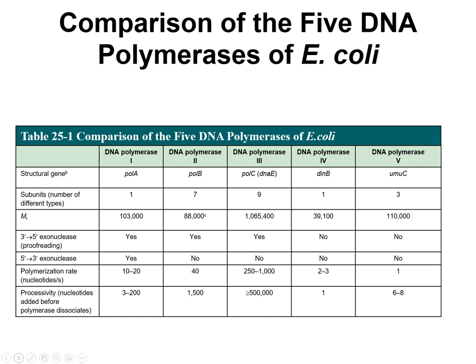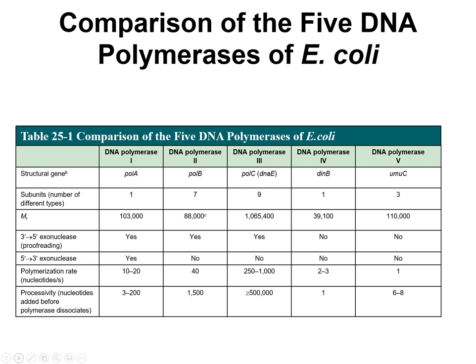This is a comparison of the 5 DNA polymerases. This is really just for your entertainment and enjoyment. You don't need to memorize this by any means, but it tells you the gene, the number of subunits, or at least the number of different types of subunits, because you could have multiple copies of one subunit.